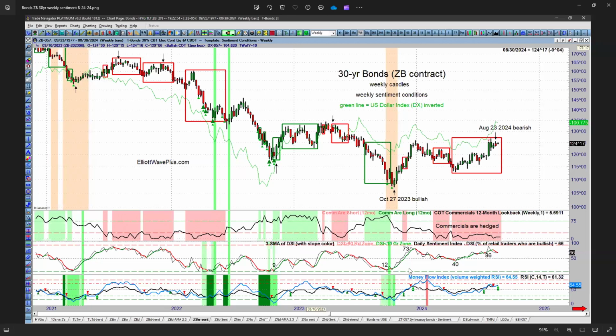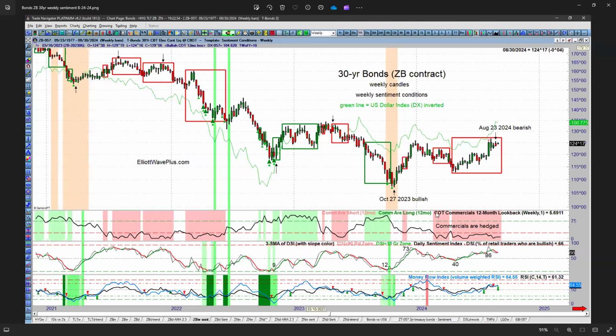And this is an example of our proprietary commercials versus retail sentiment weekly sentiment conditions charts. So this indicator right here is how commercials are currently hedged. Commercials are typically producers or marketers or sellers of the item.